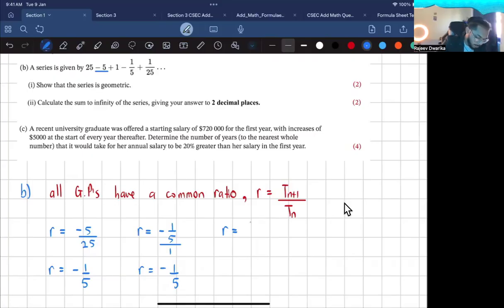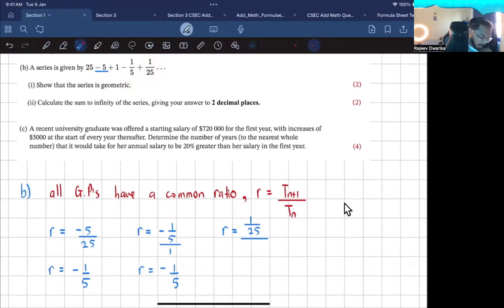So I used -5 and 25 already, I checked -1/5 and 1. So you could use 1 over 25 and... no, it has to be consecutive.